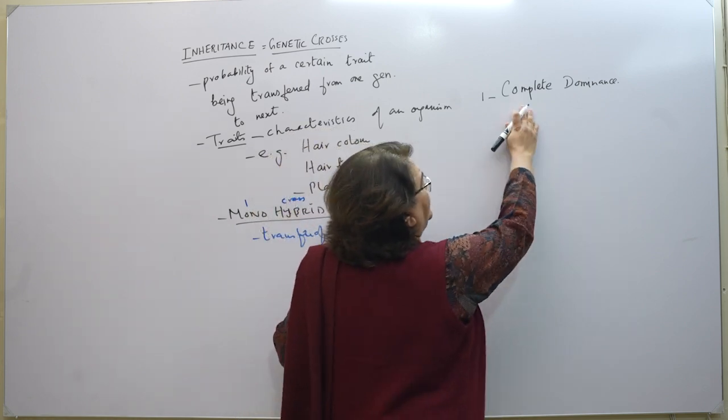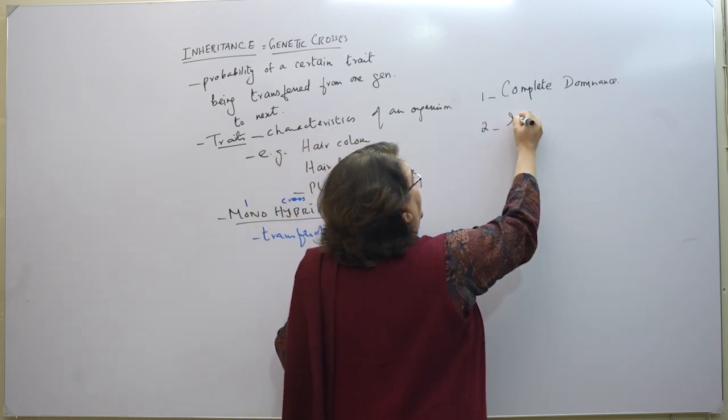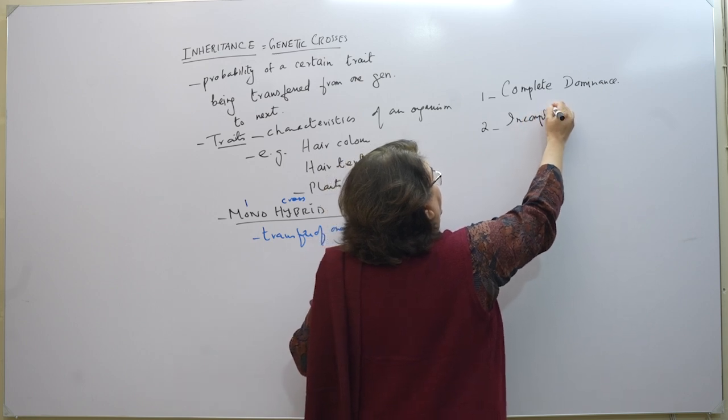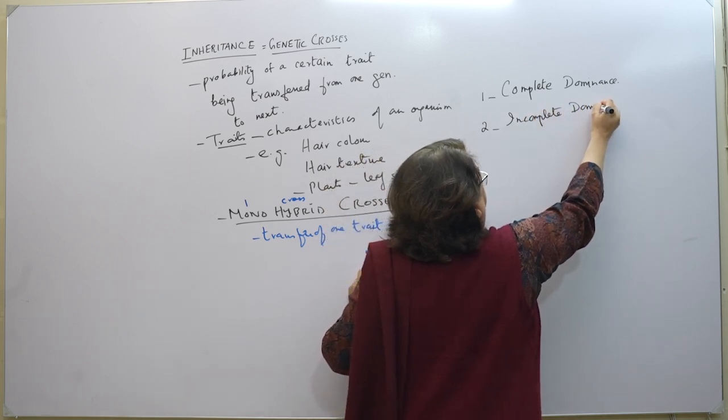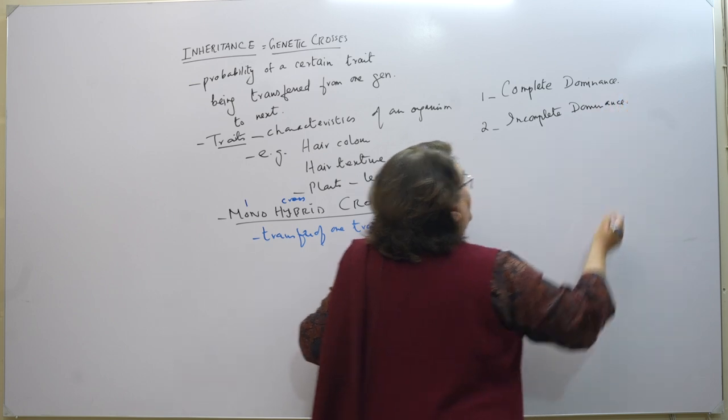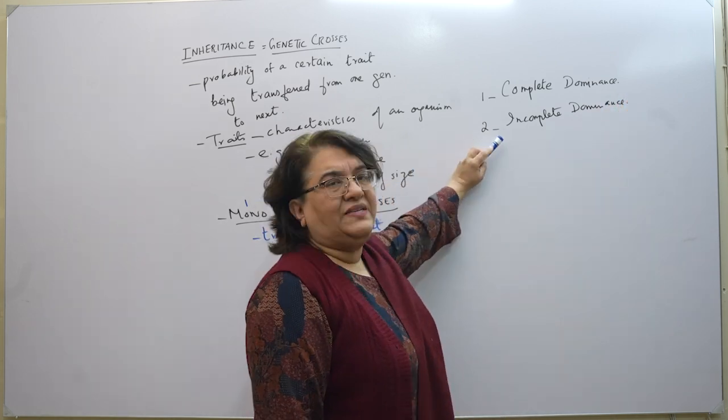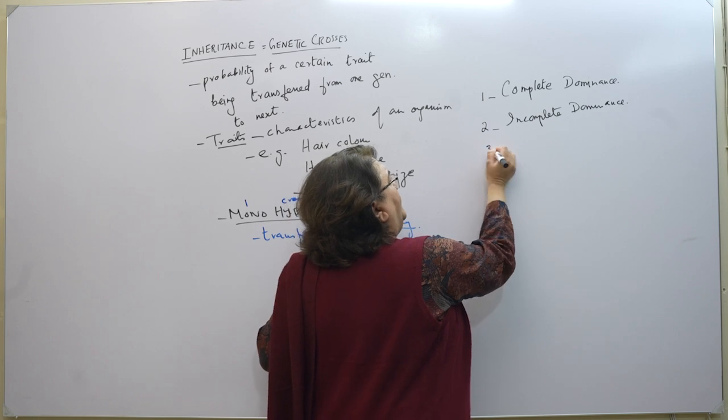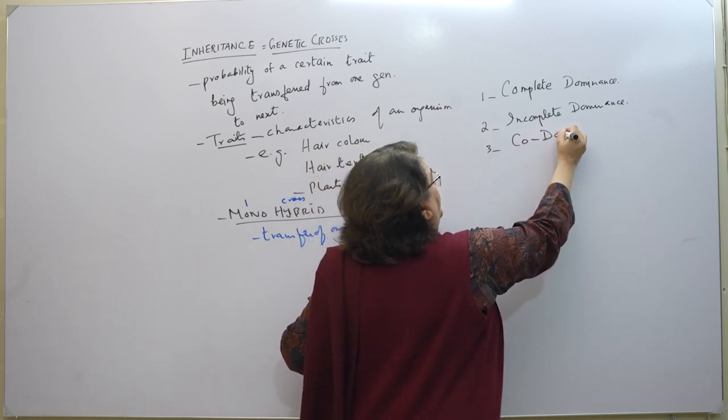So the first one is complete dominance, the second is incomplete dominance, and the third is co-dominance.